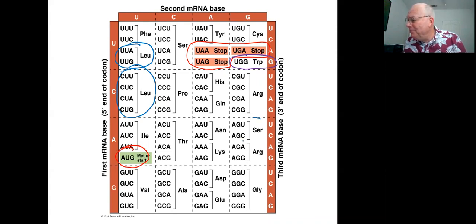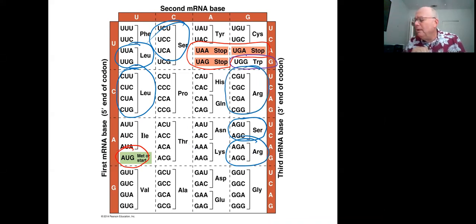Serine has these 2 plus these 4. And then where do we have it? I gotta remember. Yeah, arginine has these 2 plus these 4.